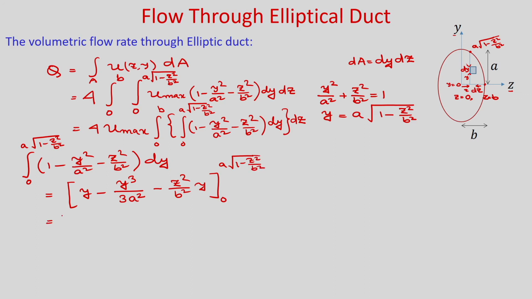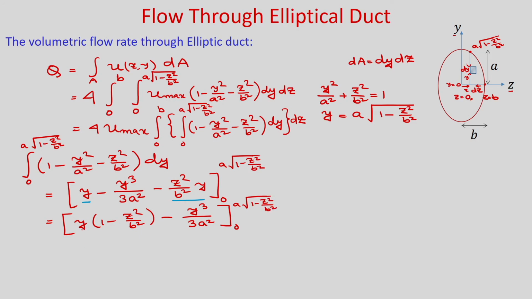If we take y common from these two terms, then we can write it as y times 1 minus z square by b square, and we have minus y cube by 3 a square, limit 0 to a root 1 minus z square by b square.